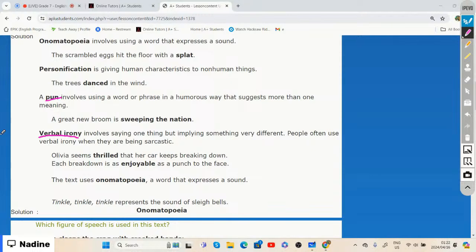So verbal irony involves saying one thing but implying something very different, and people often use verbal irony when they are being sarcastic.